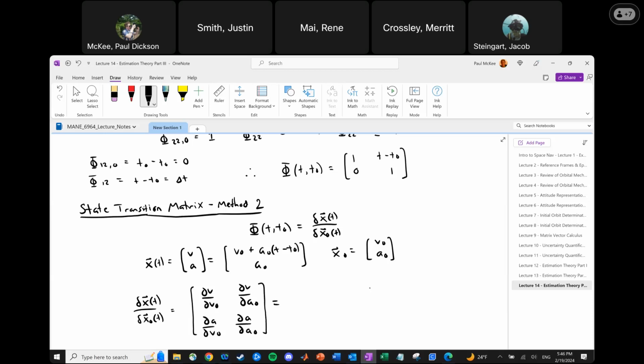So what is the derivative of the velocity with respect to the initial velocity? Well, the velocity is v naught plus a naught times t minus t naught. So what's the derivative of all that with respect to v naught? I'll take any guesses if someone's feeling brave.